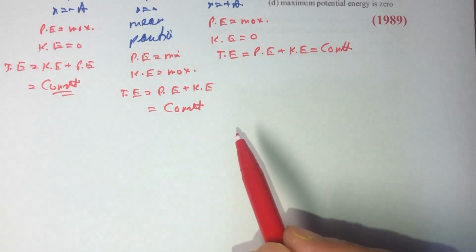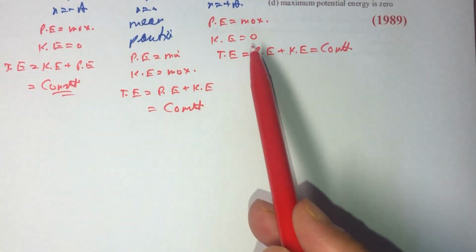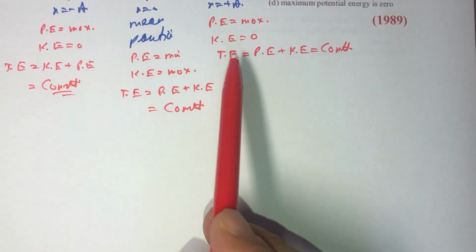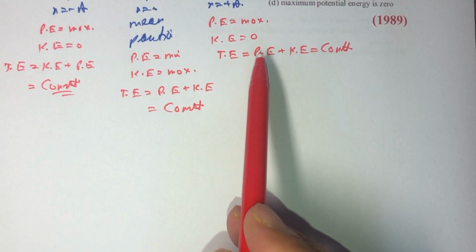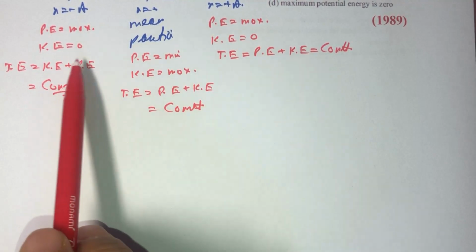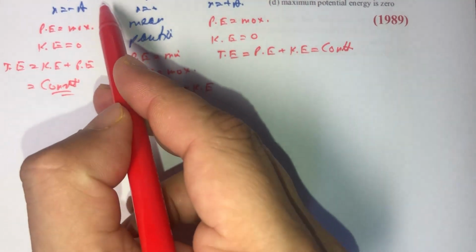One thing we are very sure of is that at the extreme ends the kinetic energy is equal to 0.